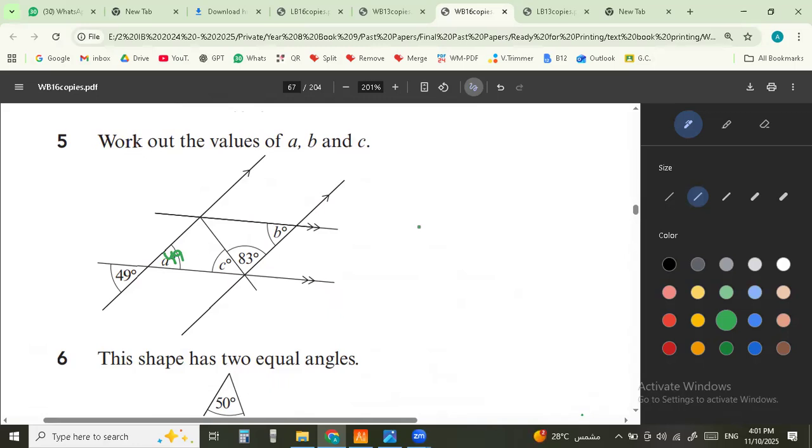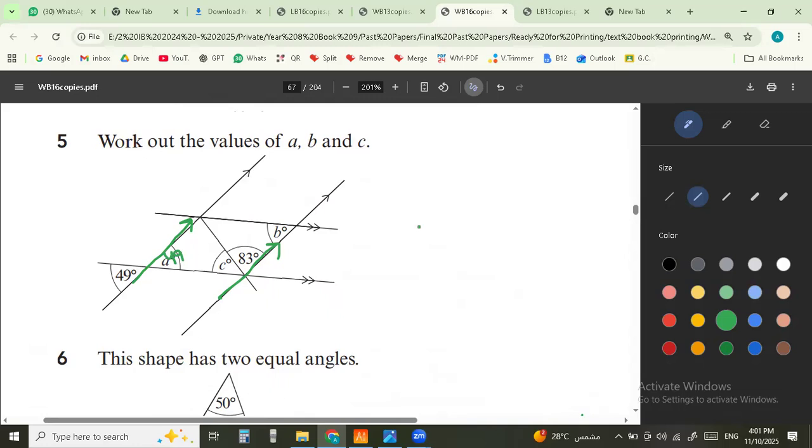So this line is also parallel with this side over here. This line is parallel with this one, right? Good. So what can we do in order to find angle C?